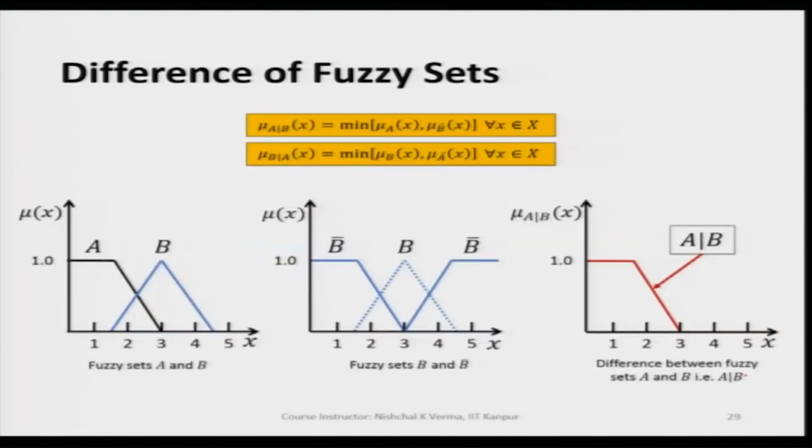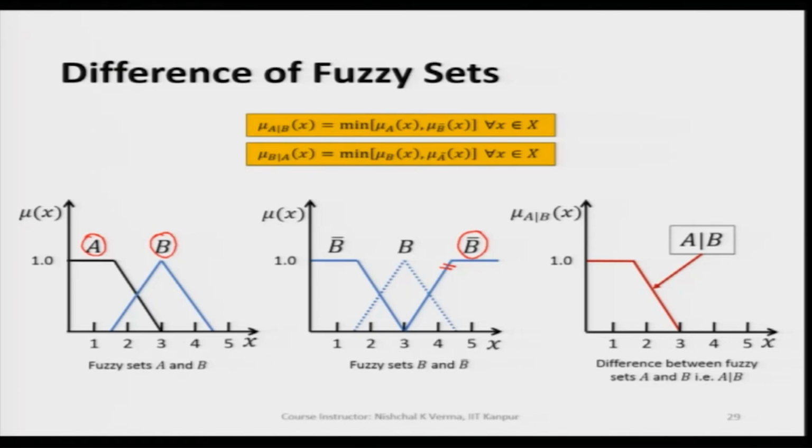So, let us now understand the difference of fuzzy sets here, and if we apply these two conditions to the fuzzy sets that are given here, this is fuzzy set A, this is fuzzy set B, we are interested in finding the difference between fuzzy sets A and B. For this, we have to find mu B bar, so we have to first find the complement of B. So, this is the complement of the B fuzzy set, and when we have this, we can find the respective membership values.